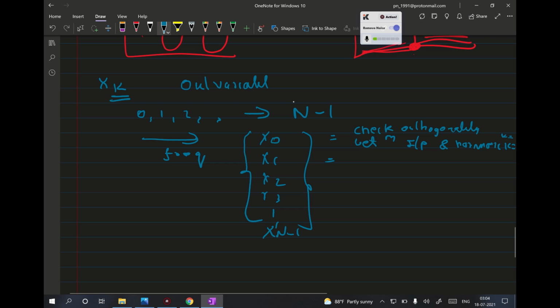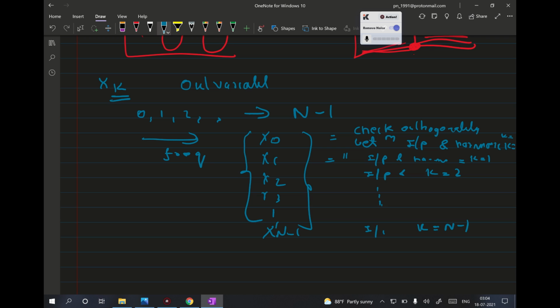In the second case, we check orthogonality between input data and the harmonic function for k equal to 1. Similarly, input data and k equal to 2. It goes on repeating till k equal to n minus 1.